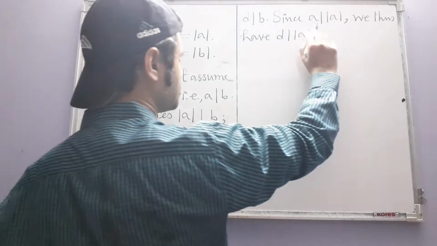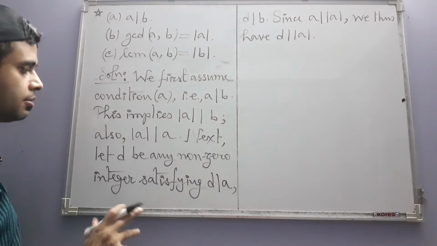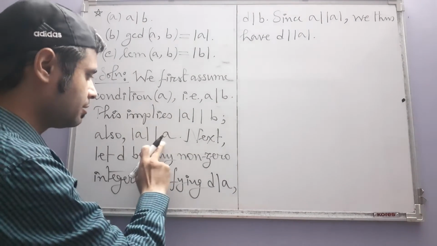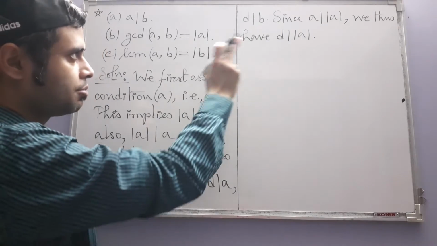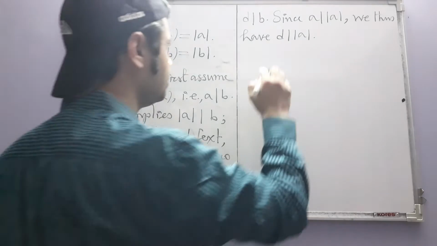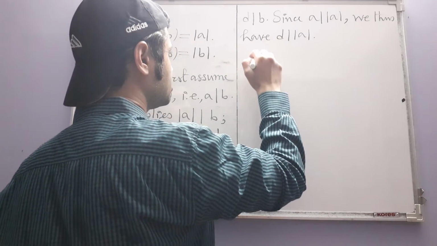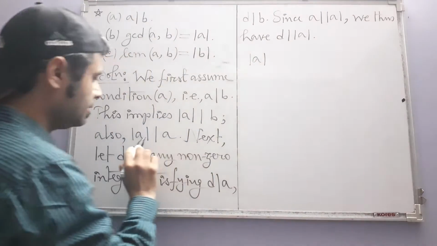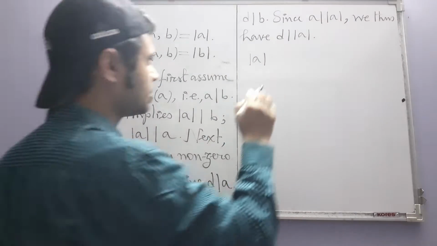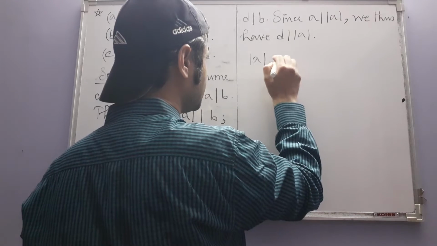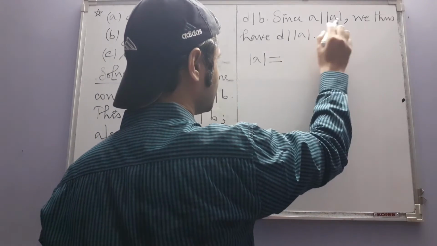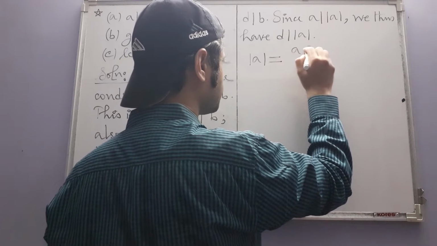First of all, where is this coming from? You can almost guess how we justified this divisibility relation. A similar justification can be given for this one also. However, if you want to see why, this is in fact even easier to see than the justification of this. That is because the definition of the absolute value of a itself tells us that whatever we have written here is true.